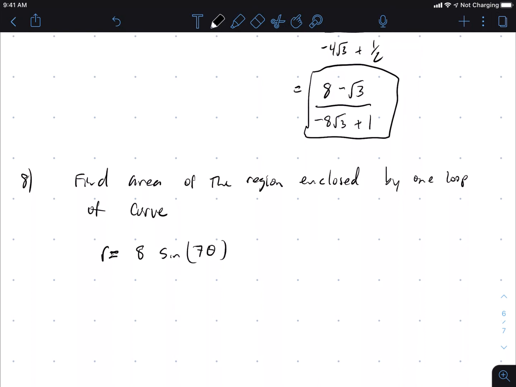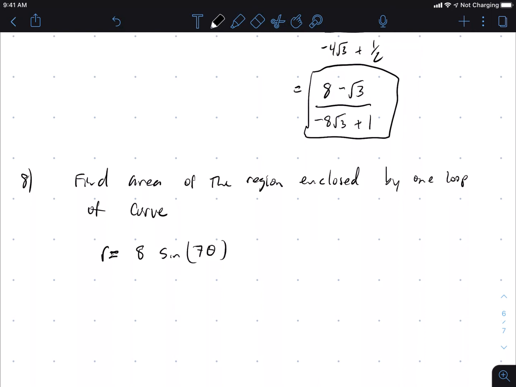So we have to be able to graph this thing. So how do we graph this thing? You can do charts, or you could use your calculator. Okay? Can you guys graph this?